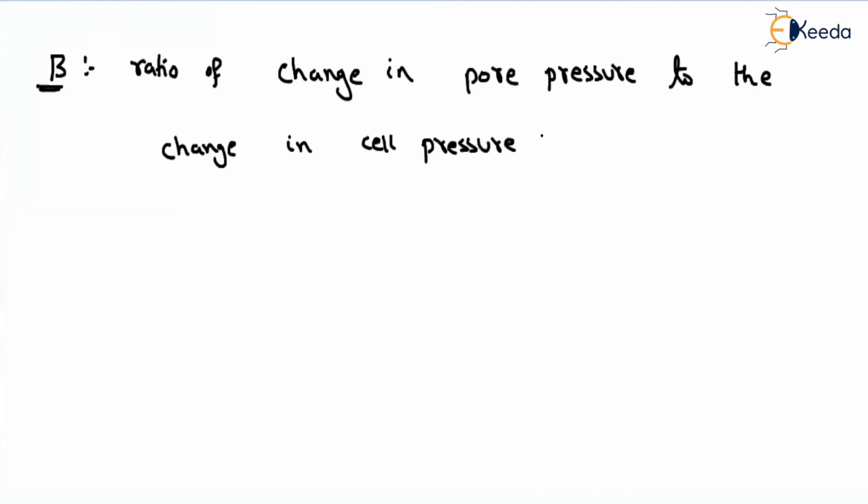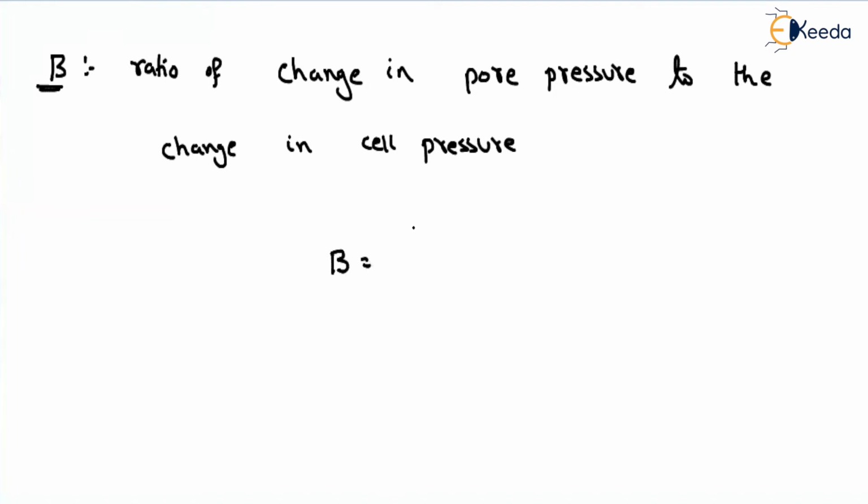That means if you are changing the cell pressure, then depending upon the change in that pressure, we can estimate the change in the pore pressure in the confining stage.